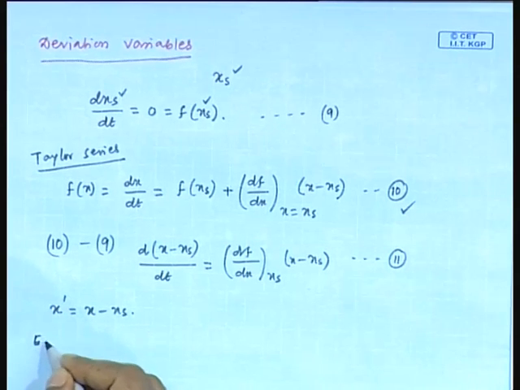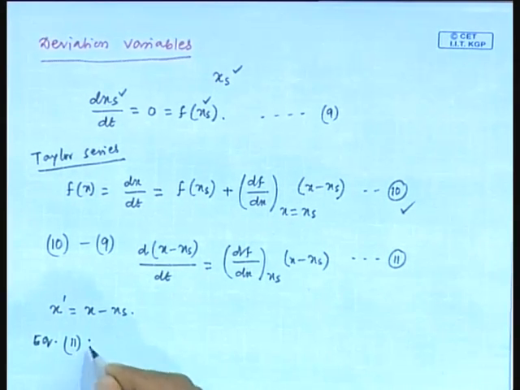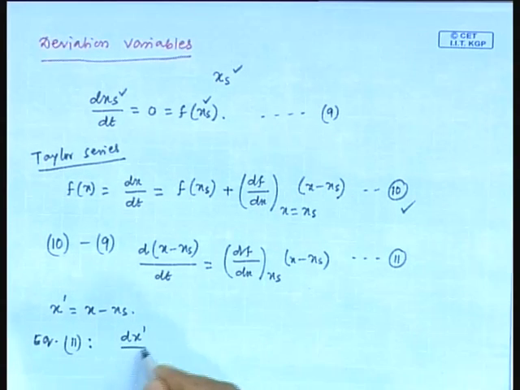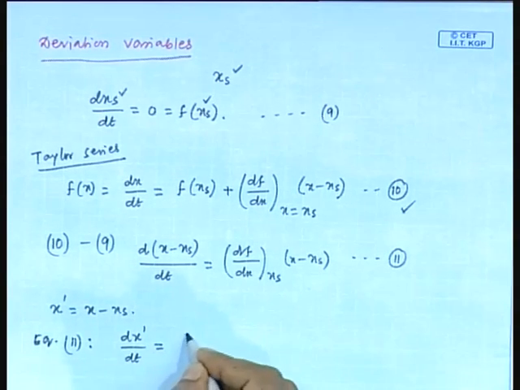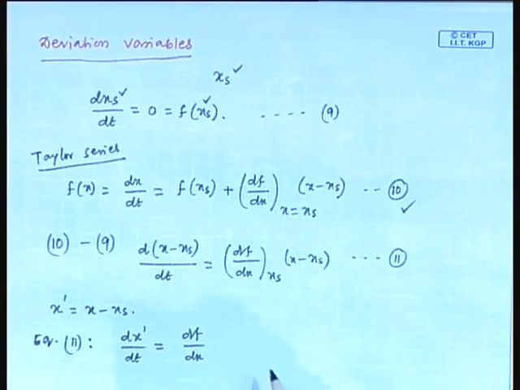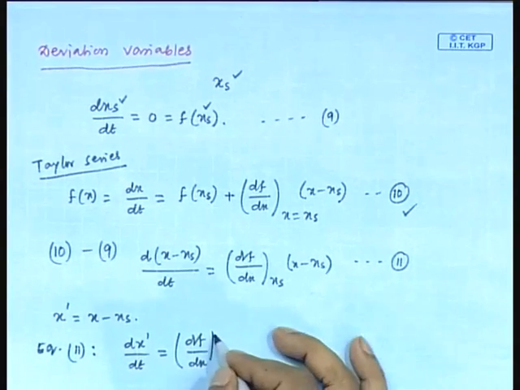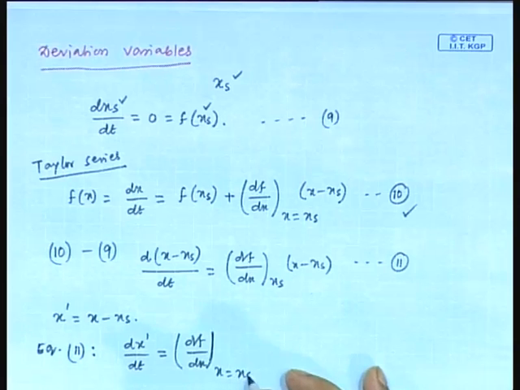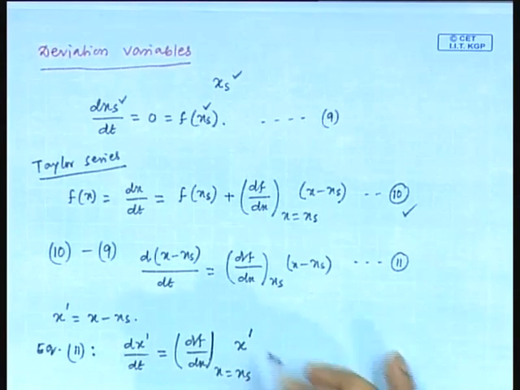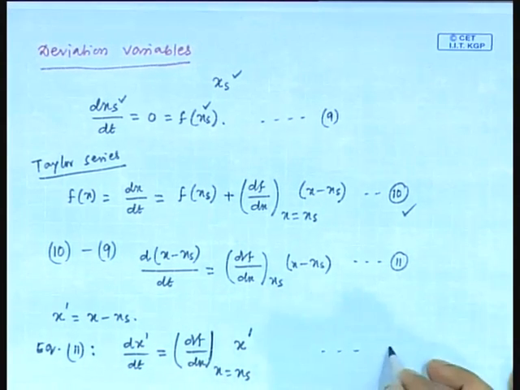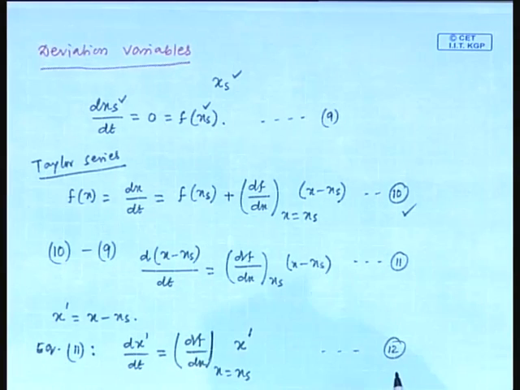Then equation 11 becomes dx prime dt equal to df dx at x equals xs times x prime. We have simply substituted x prime in place of x minus xs. Then we get equation 12.